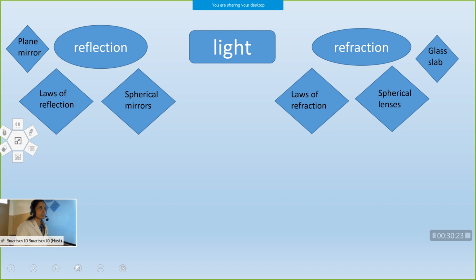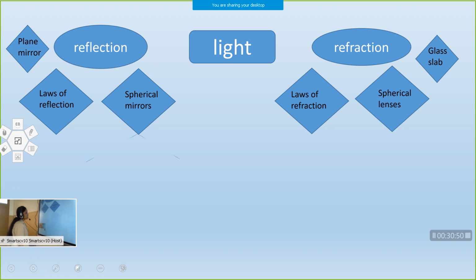When light falls on a glass slab, two refractions take place, and angle of incidence will be equal to angle of emergence, and the incident ray is parallel to the emergent ray, but the emergent ray is shifted, and that perpendicular distance is known as the lateral shift or lateral displacement.